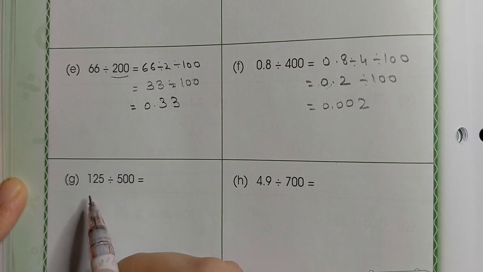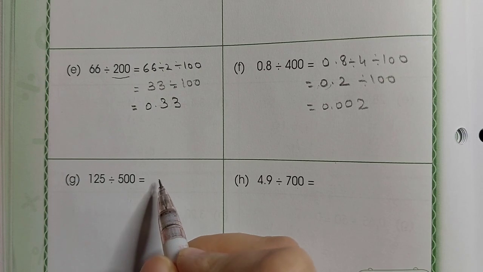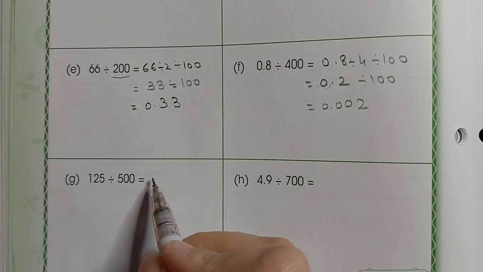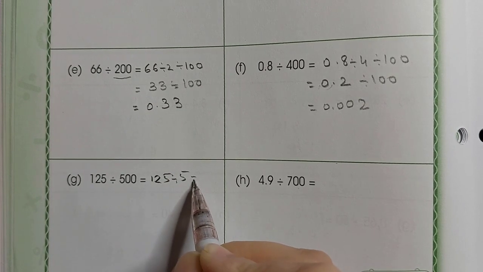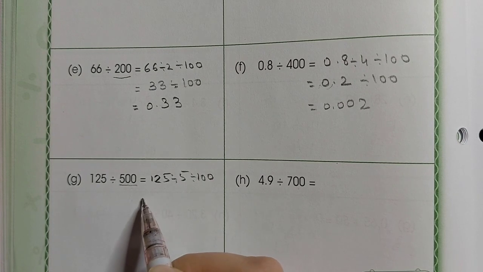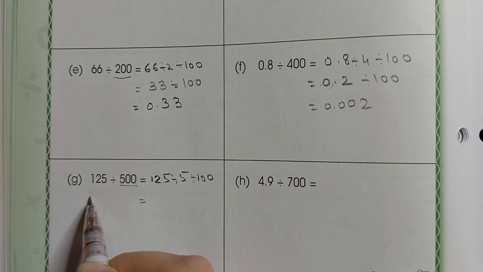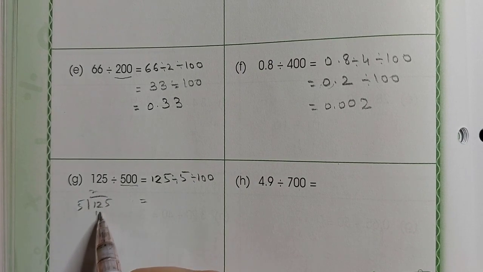Part G is 125 divided by 500. So 125 will become 125 divided by 5 and then divided by 100. We are going to split this one. When you divide 125 by 5, 5 2s are 10.